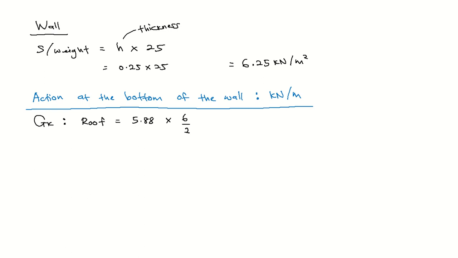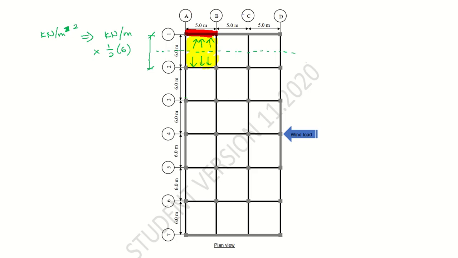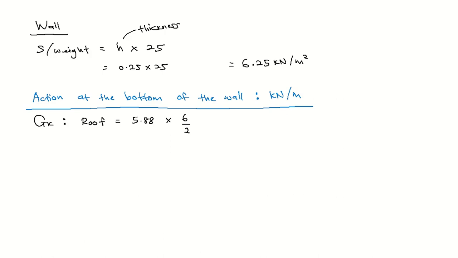You know why 6. 6 is this dimension here, 6 meter, and why 2, because we just take half of the slab. So this brings value of 17.64 kilonewton per meter.